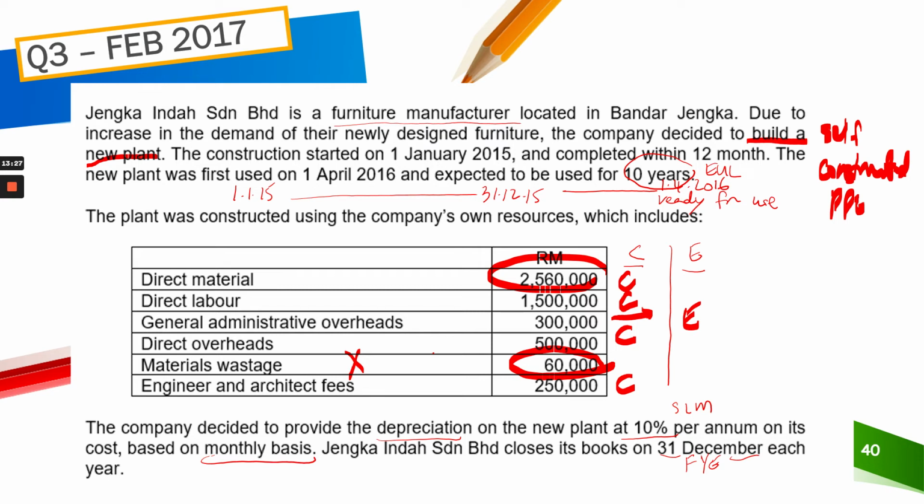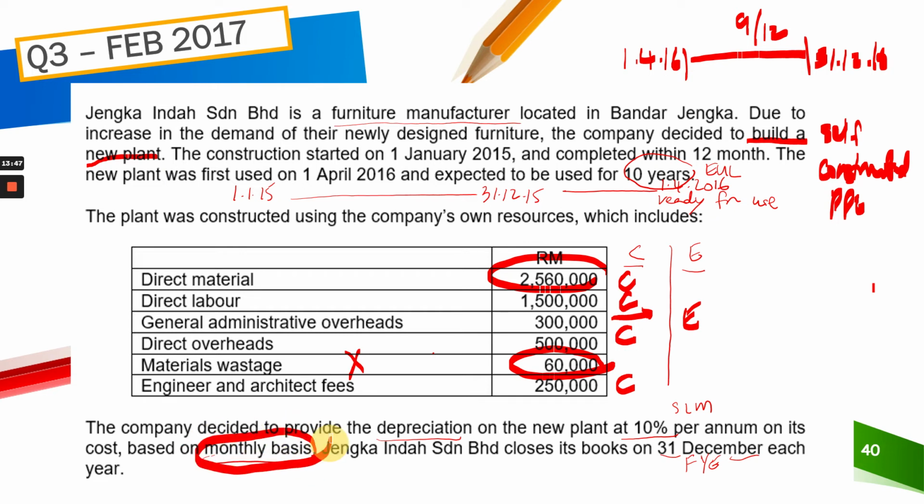So if you were to calculate the depreciation, it should be from 1st of April 16, the date that it is ready for its expected use, and the first accounting period would be 31st of December 16. So this is for 9 months, and remember we use a monthly basis.